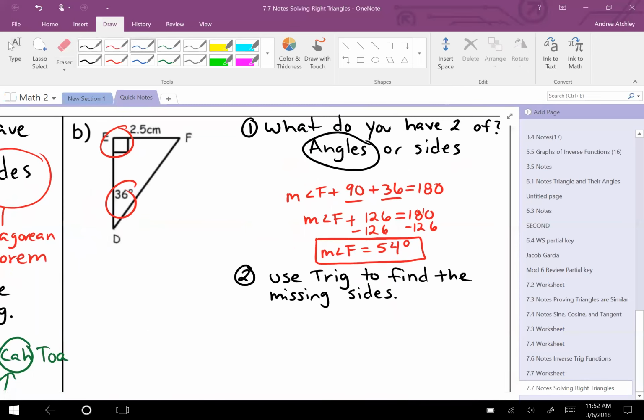So in this one, I am missing DE and I'm missing FD. So I'm just going to label them X and Y. It doesn't matter which way you label them. You can have ED be labeled Y. You can have DF labeled X. Doesn't matter. Okay, we have to find them both though.